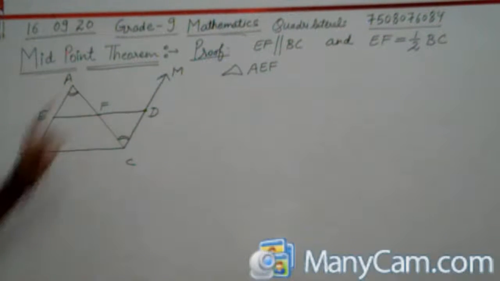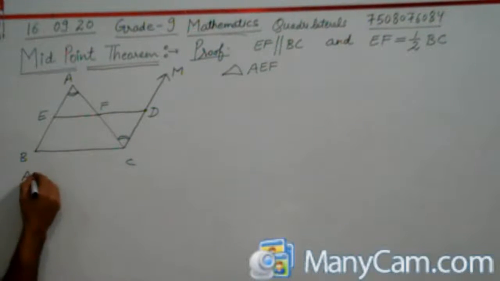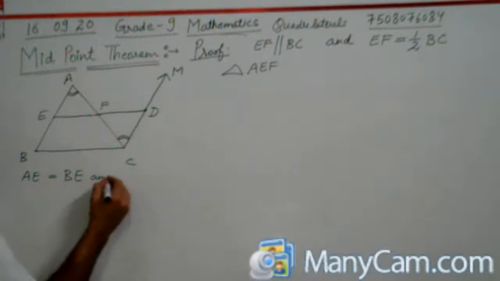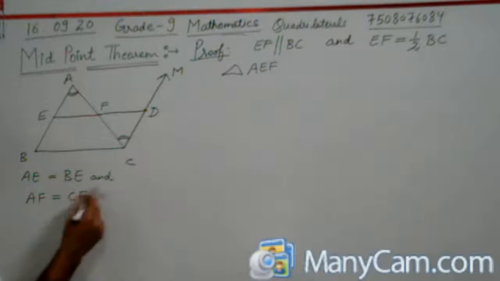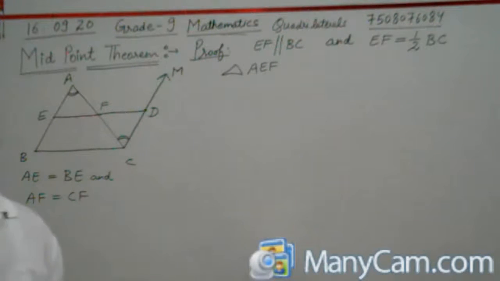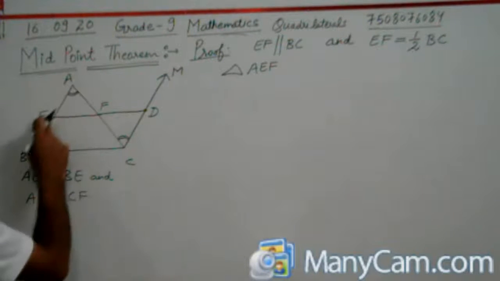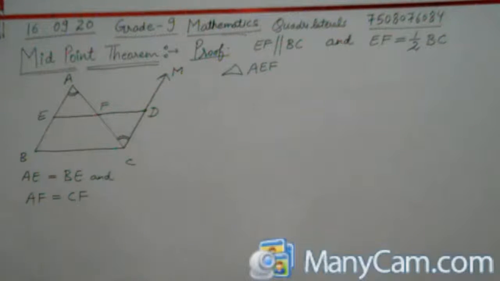See one thing, AE is equal to BE, and AF is equal to CF. Why? Because E and F are the midpoints of these sides.